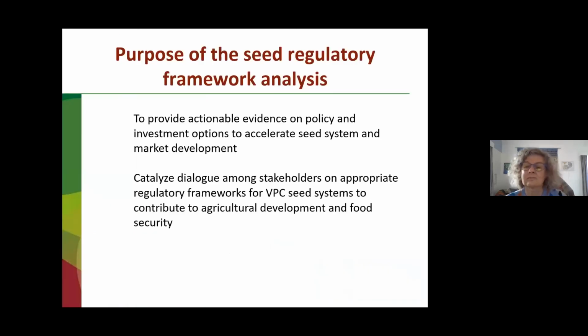The purpose of the Seed Regulatory Framework Analysis tool is to provide actionable evidence on policy and investment options to accelerate seed system and market development. We all know that VPC seed systems are special because of the reproductive nature of the seed and the risks of accumulation of pests and diseases.